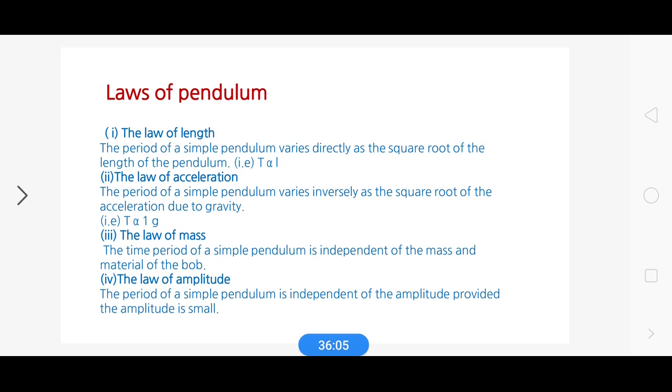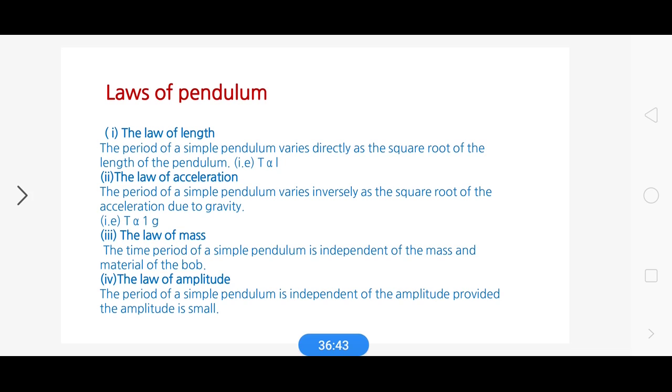The time period of a simple pendulum is independent of the amplitude, provided the amplitude is small, to eliminate errors. To do the experiment on the time period of a simple pendulum, we have to maintain that the amplitude of the simple pendulum should be small.